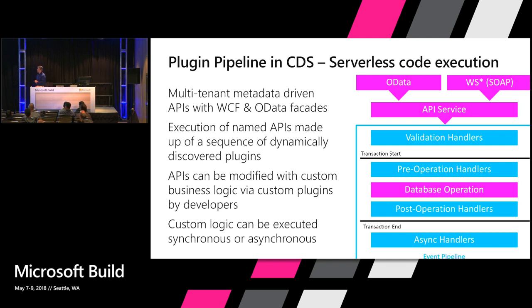Now, our plugin pipeline has a series of events. This is how our extensibility system fundamentally works. We have both our OData, our web API, and our SOAP API that feed through what we refer to as an API service. Interesting little tidbit. Our service, our SOAP API, our web API, and our OData 2 API all talk to the same API interface layer.